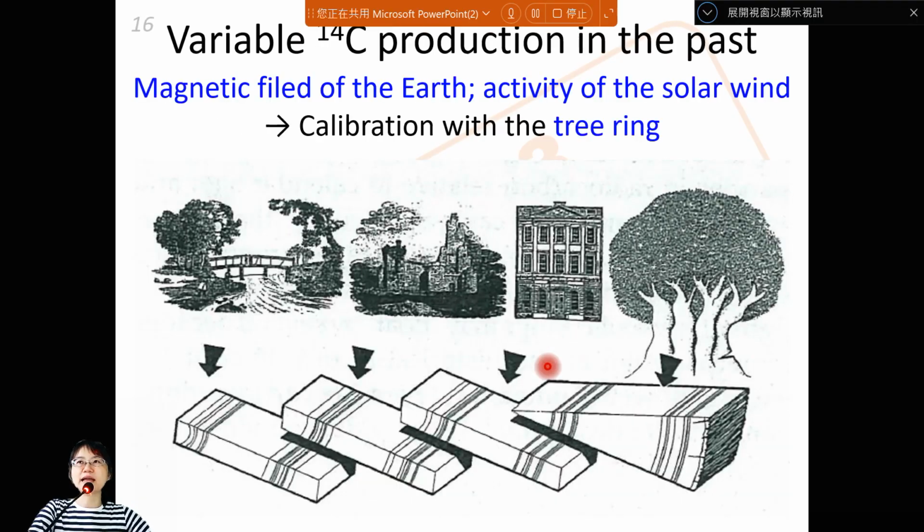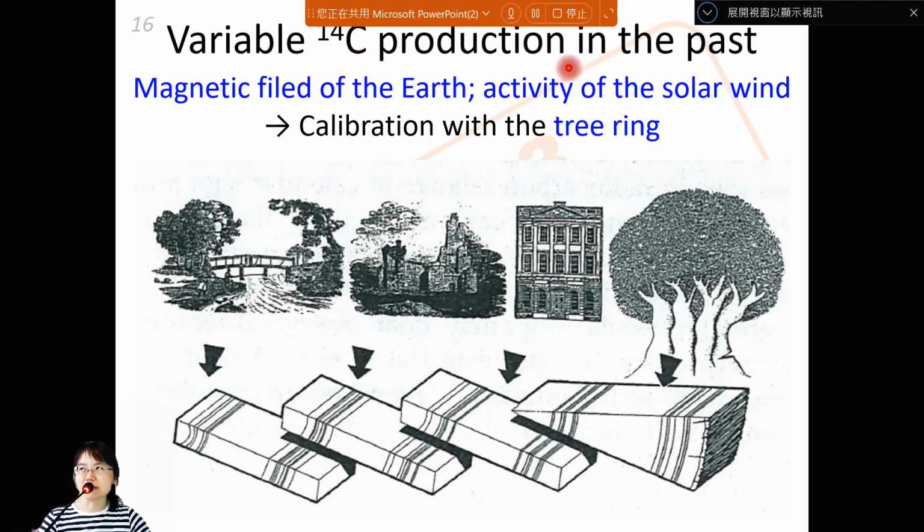Now we go to the last part of data processing, which is for the application of paleo studies. At this moment, we need to be aware that although I have been saying that the C14 production rate today is the same as yesterday or 1,000 years ago or 10,000 years ago, the reality is it is somehow variable in the past.